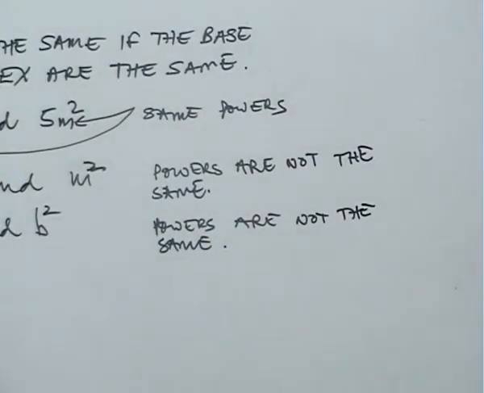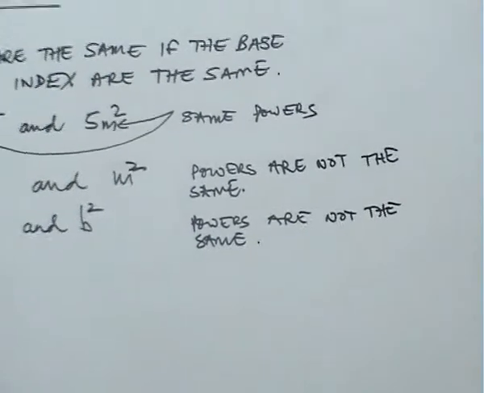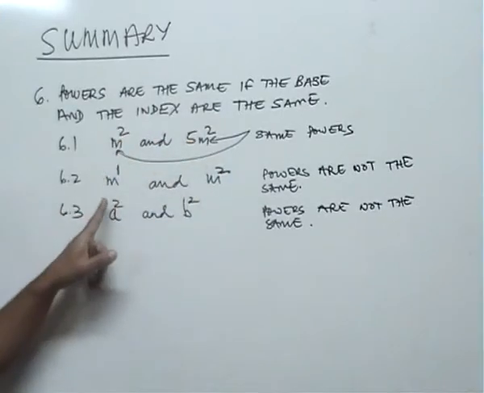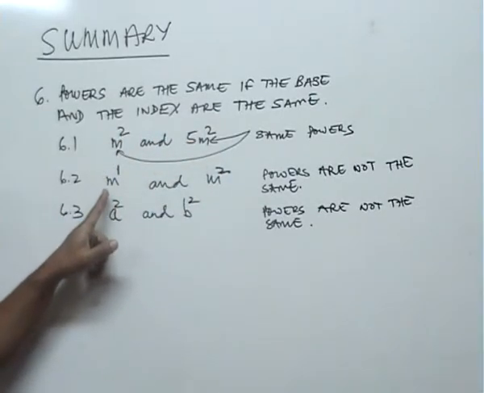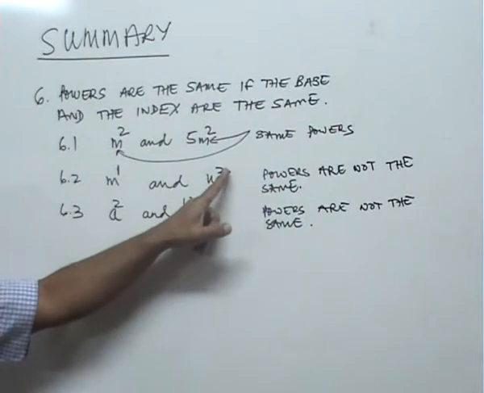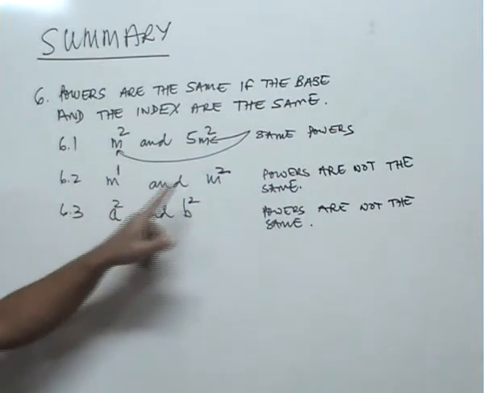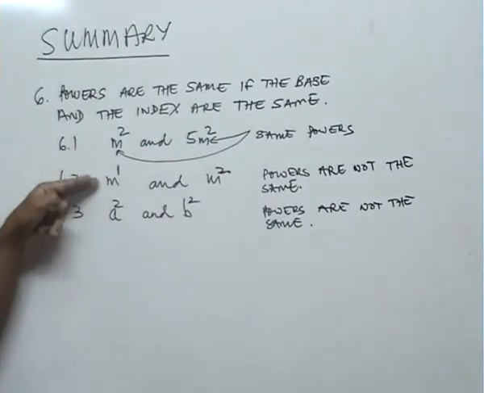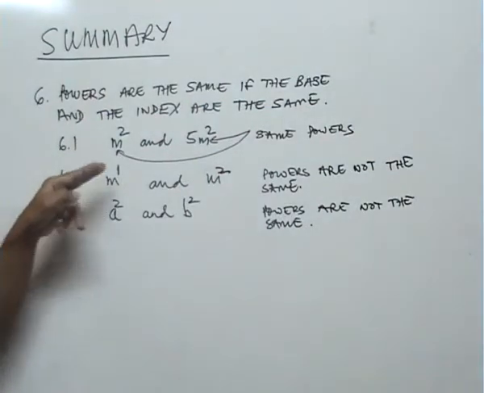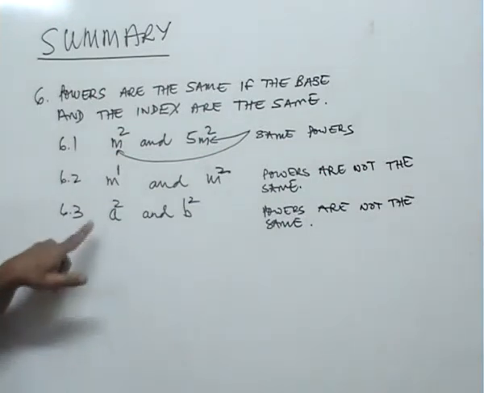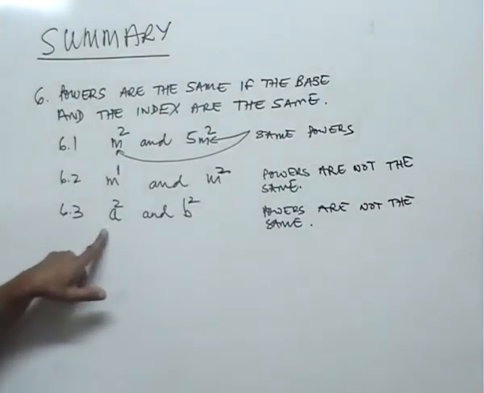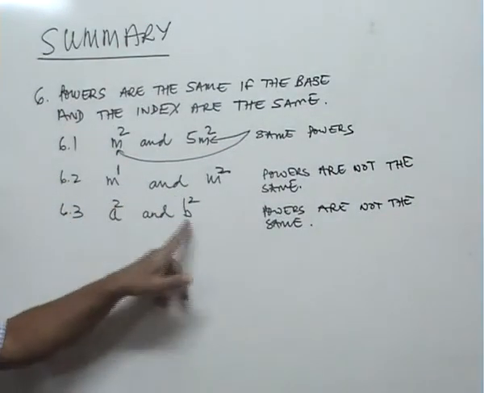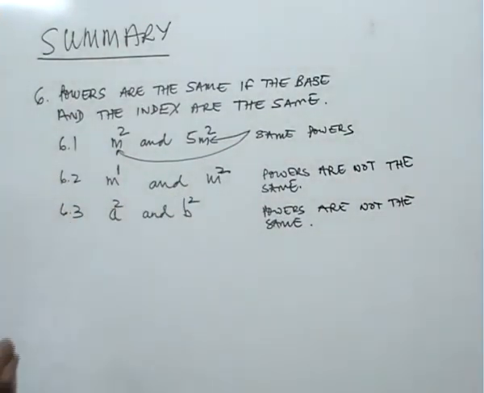Alright, so here we have an example where the powers are the same because the bases are the same and the indices are the same. In 6.2, the powers are not the same because the indices are different. Although the bases are the same, the indices are different. There are two requirements, so both requirements are not met, therefore the powers are not the same. Now here, again the powers are not the same because this time the indices are the same, but the bases are not the same.